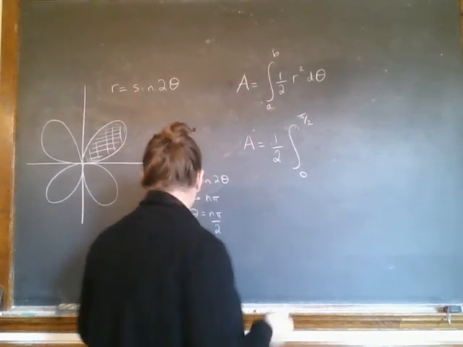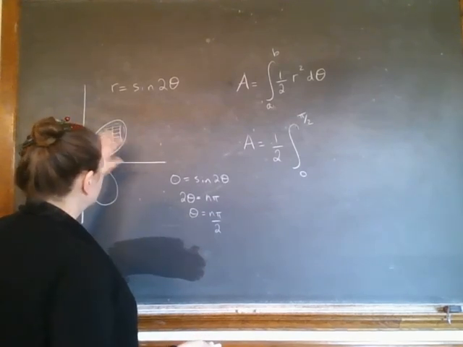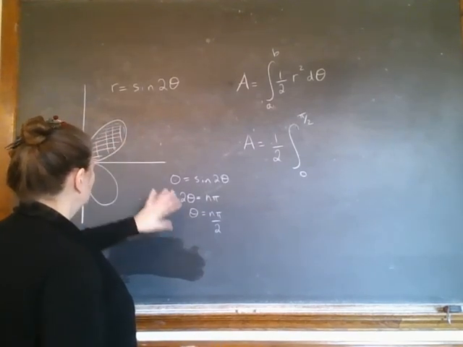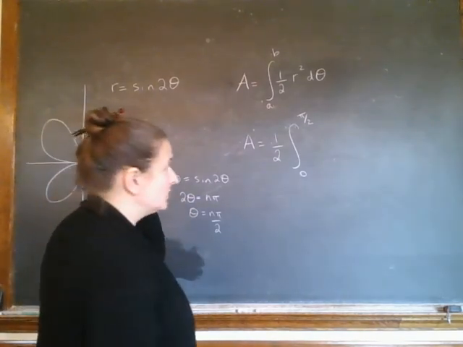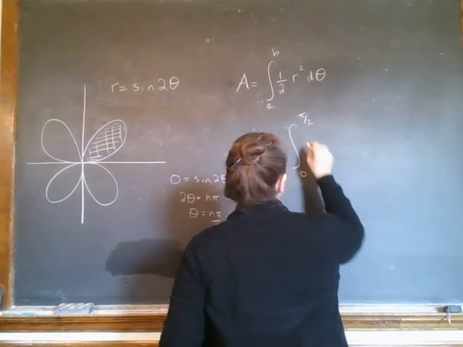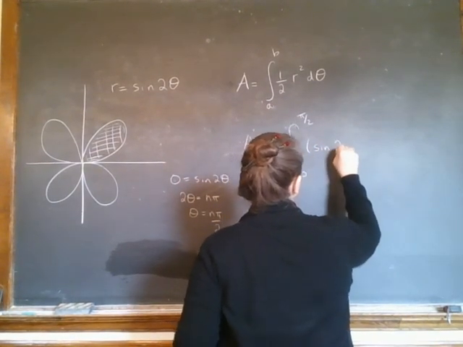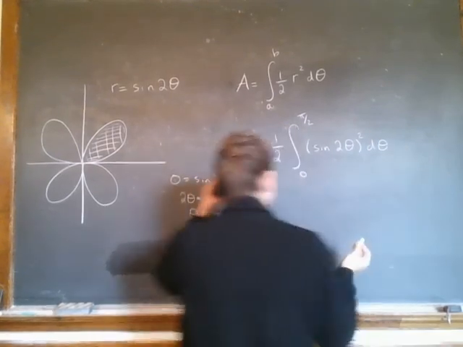It does help to take a look at how the curve is being drawn out, because that sort of helps you figure out what's going on. And then all I do is shove it in this formula. Sine of 2 theta squared d theta, and I go ahead and do that integral.